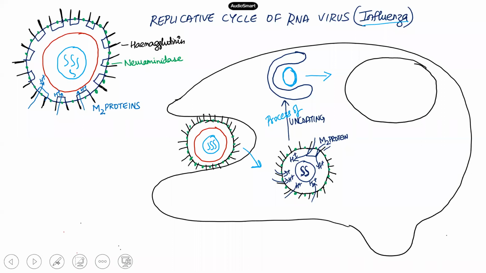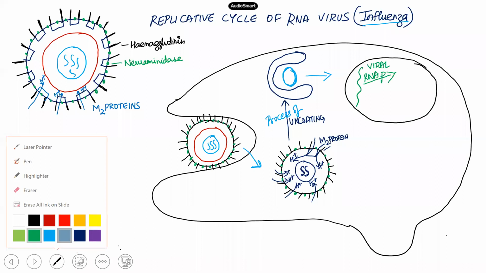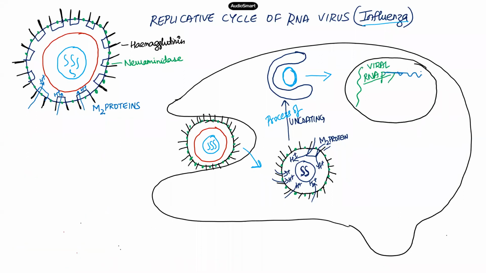So what is happening over here? This is your viral strand of RNA, and this viral strand now is being acted upon by RNA polymerase. Now, this RNA polymerase is your viral RNA polymerase, and when it acts, it causes the production of your mRNA. Right.